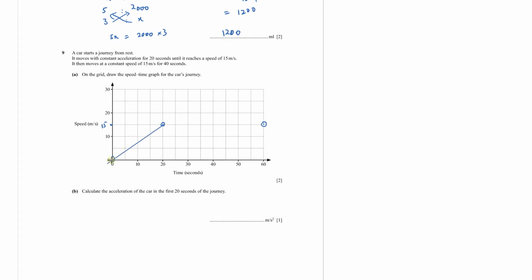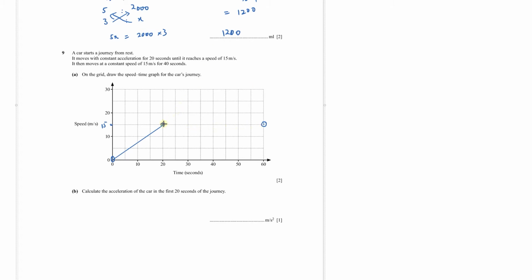So then I will connect it here. So this is my graph between 0 and 20 seconds, a constant acceleration because the gradient is constant until 20 seconds when the car reaches a speed of 15 meters per second. And it then moves at a constant speed of 15 meters per second for 40 seconds. So the speed is constant for the next 40 seconds.